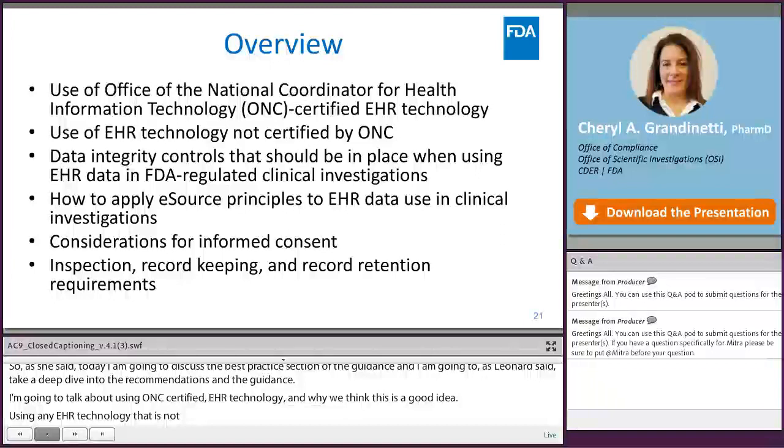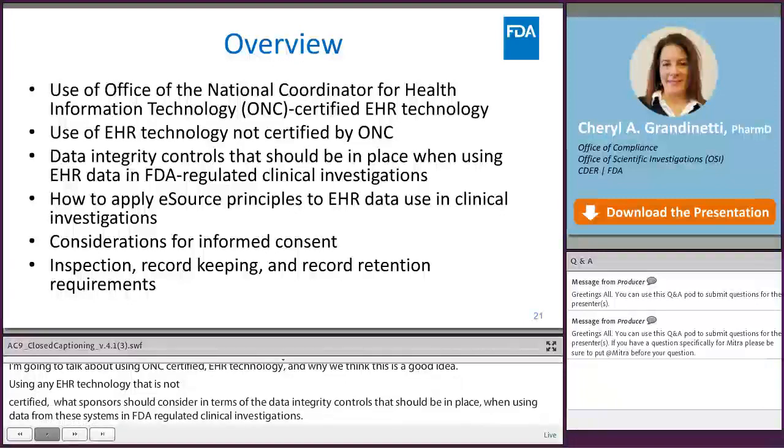I'll also discuss some general best practices, how to apply e-source principles to EHRs, and considerations for informed consent. And then finally, I'll talk about what we want to see in terms of inspection, record keeping, and record retention requirements.